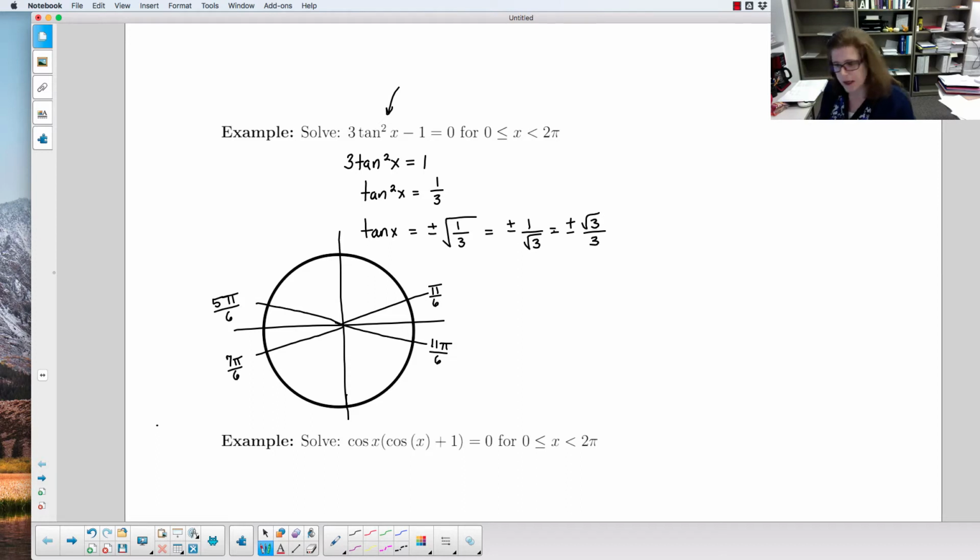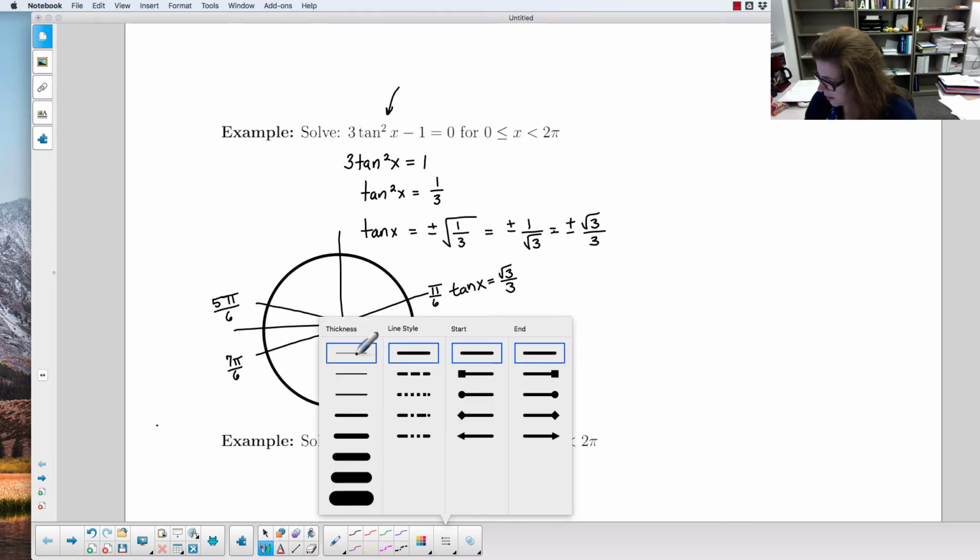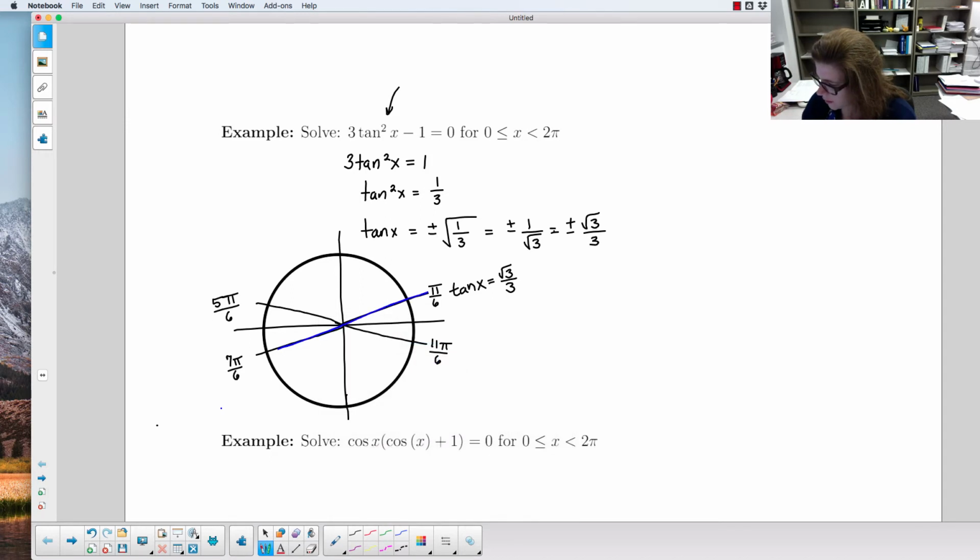Now if I'm talking about the slope, here, tangent of x is equal to square root of 3 over 3, and it's positive. Now that's true for the whole line. So the positive ones go all the way across, and our 2 solutions for that are these 2.